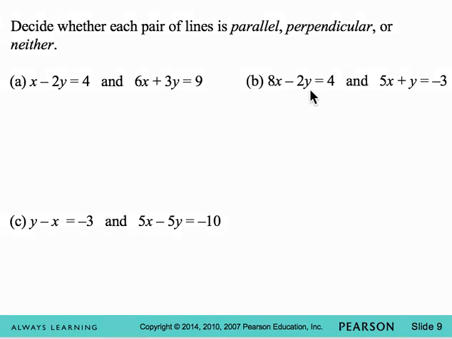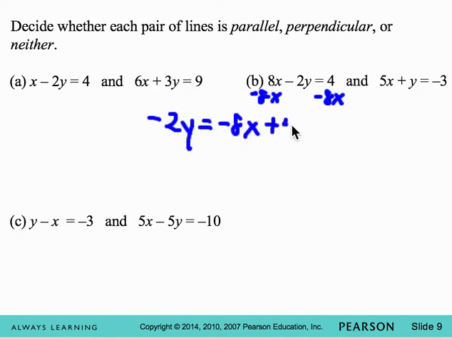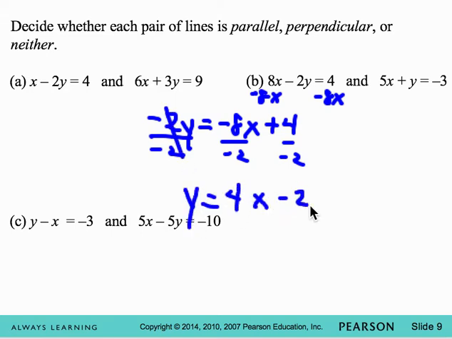All right, let's solve this for y. Let's subtract 8x from both sides. We would have -2y equals -8x plus 4. Divide by -2 to give us y equals 4x minus 2. What's the slope of this line? Right, 4.